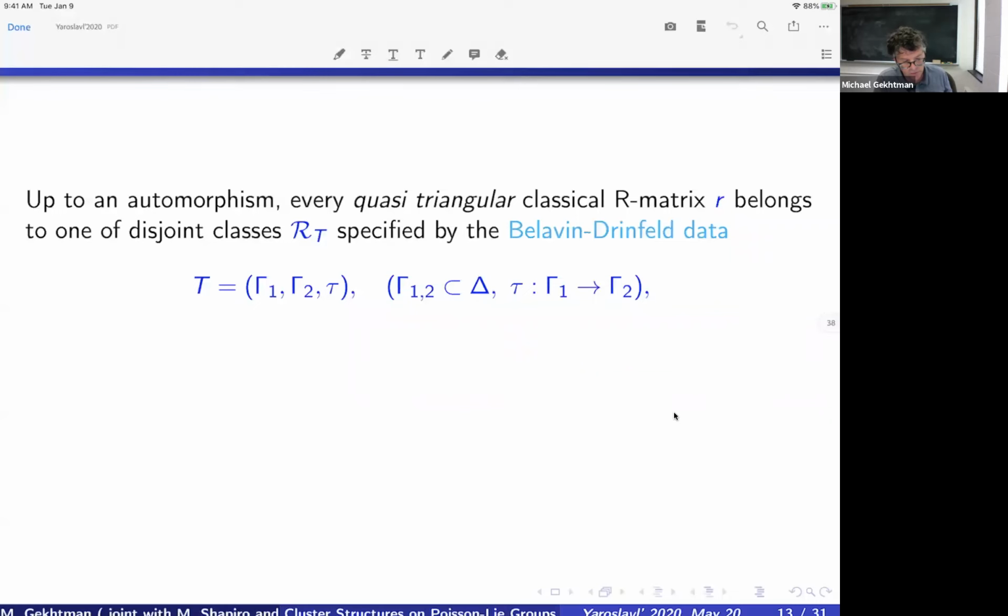Consider all the simple positive roots, and consider two subfamilies of the simple positive roots which have the same cardinality and which are isometric. For example, if you take a single root of A type and map it into another single root, this will be a good example. Again, we have two subfamilies of simple roots and an isometry between them.